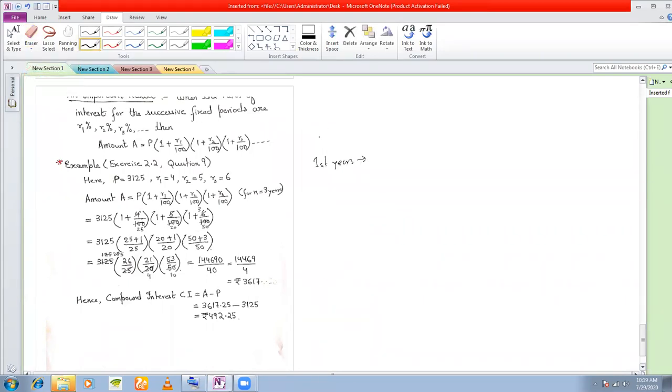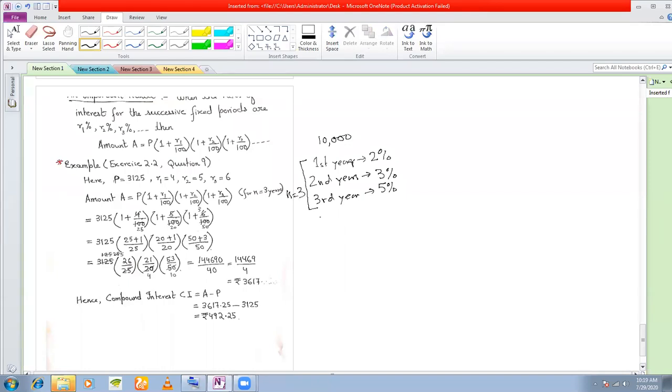If I'm investing an amount of say 10,000 rupees, and for the first year, the bank is giving me a rate of 2%. For the second year, the bank is giving me a rate of 3%. For the third year, the bank is giving me a rate of 5%.